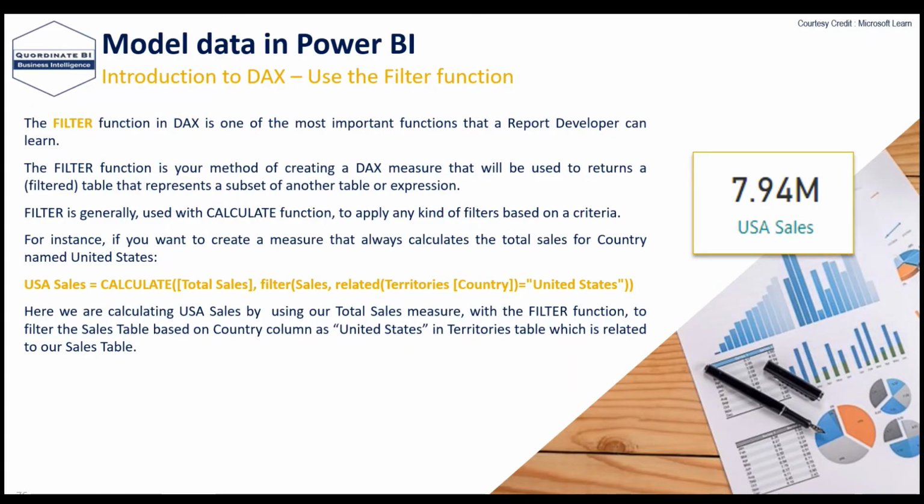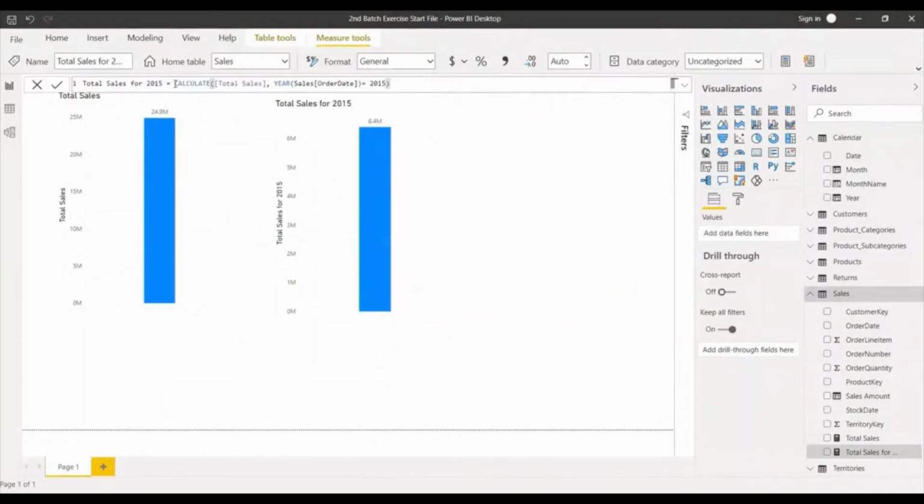Next in line, we'll learn how to use the FILTER function. Once again, a very important function, also very frequently used to create DAX formulas in Power BI. We have seen CALCULATE, now we are going to see the FILTER function, to calculate total sales for, let's say, United States.